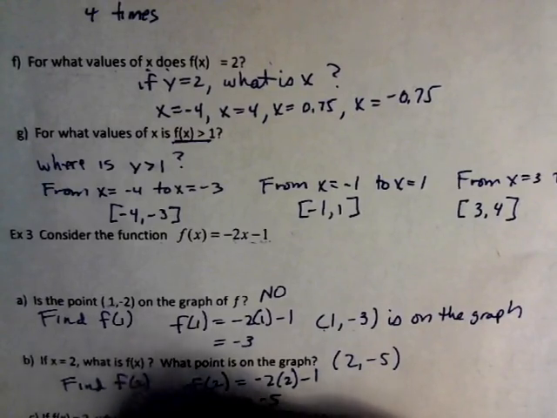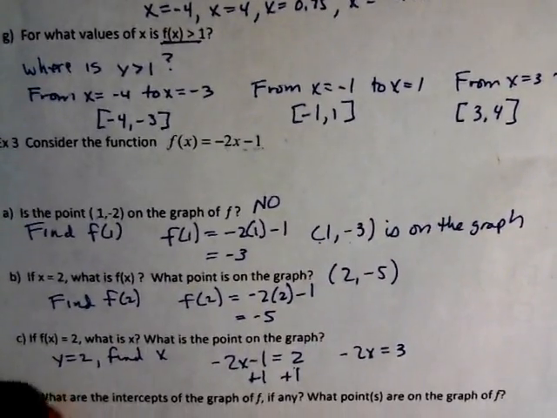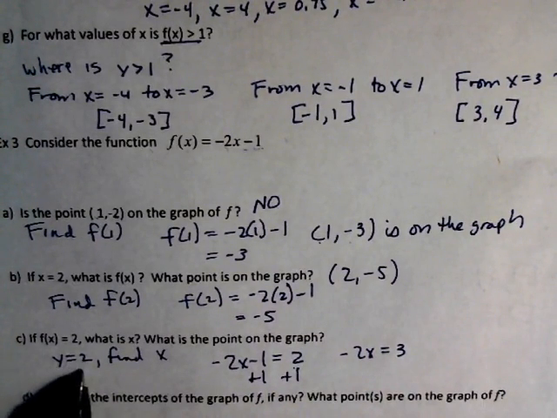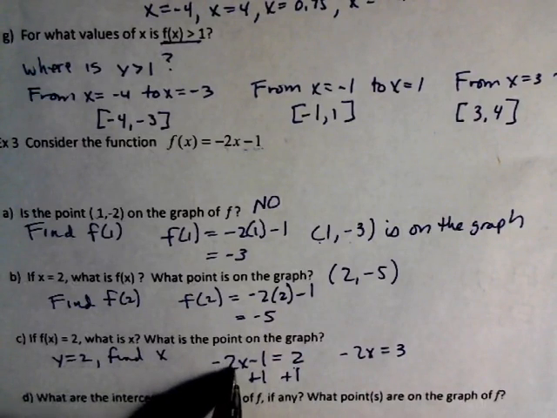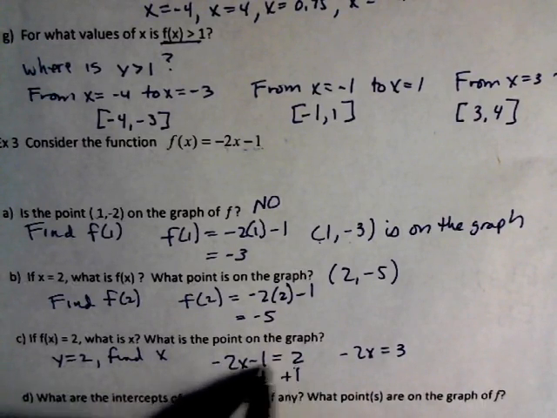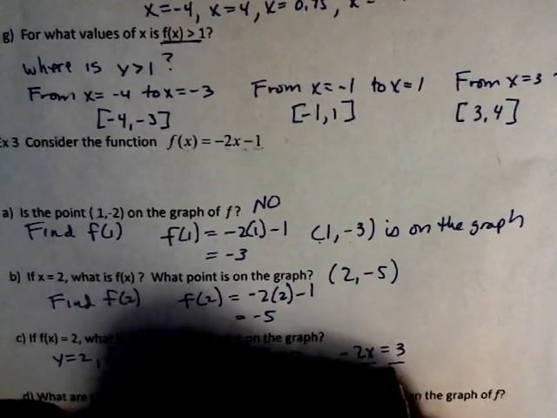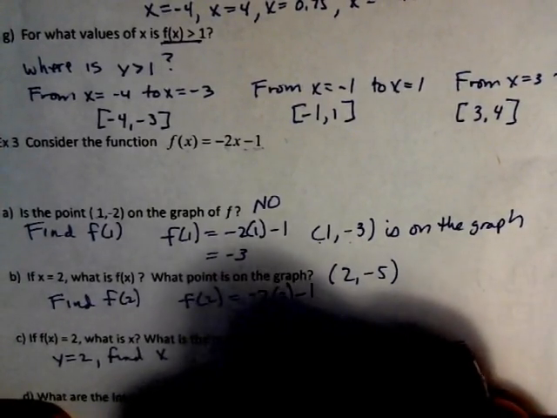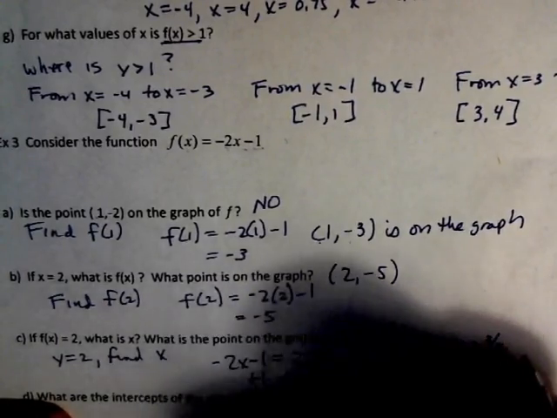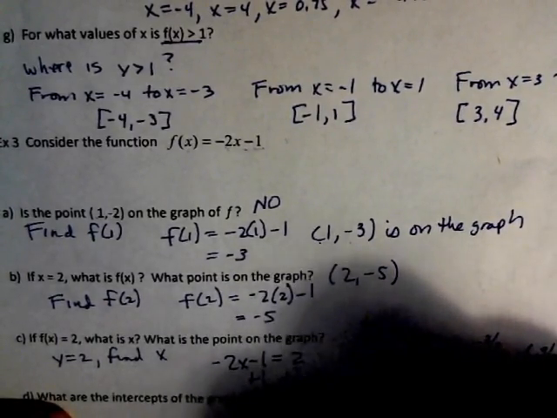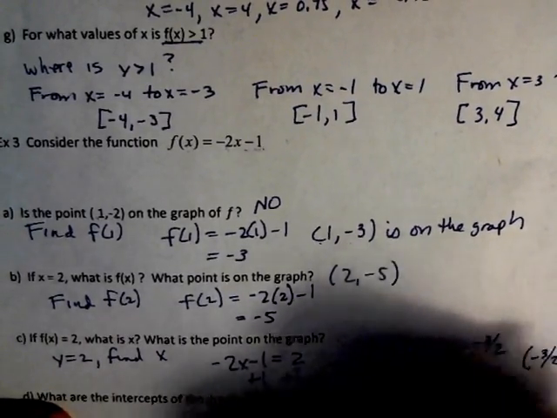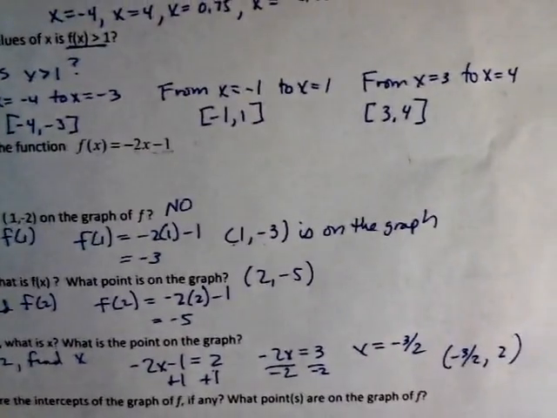So we add 1 to both sides. Sorry about that. I didn't realize I was below the camera. So again, keep in mind y equals 2, find x. Set up your equation, negative 2x minus 1 is 2, and solve for x. Divide both sides by negative 2. So x is negative 3/2. So the point on the graph is (-3/2, 2).